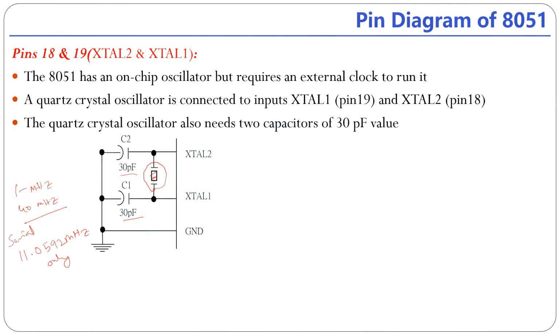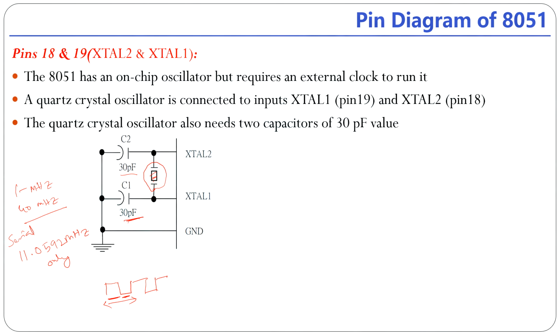Why? Because the controller, like any digital circuit, requires a constant time period for the clock signal. That means the on period and the off period have to be the same. So to generate a constant frequency for the controller, we use 30 picofarad capacitors.